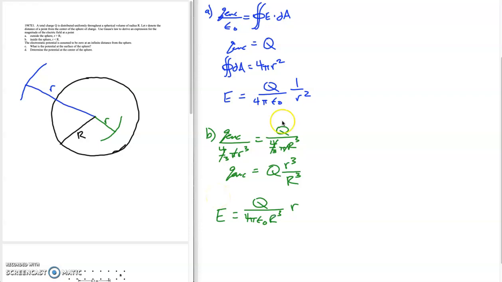Notice I've written it this way so that we have all of our constants and then our 1 over variable squared, and then all of our constants and then variable. So if we were going to graph this, we would have constant over thing squared, which gets us an inverse square law curve. And for this one, we have constants and then thing, so that would be linear.